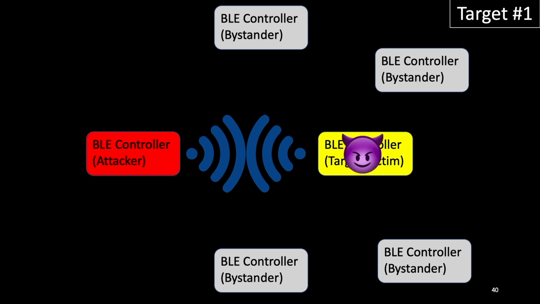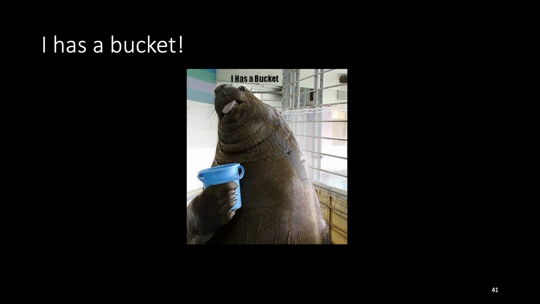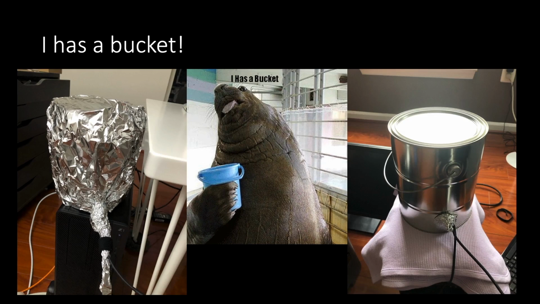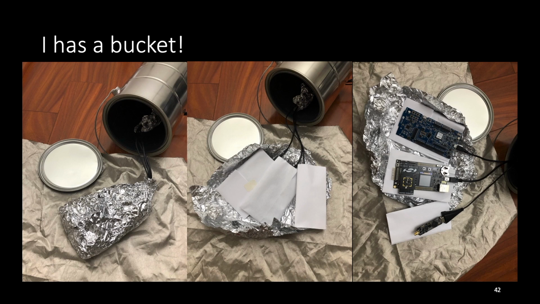So my solution is, I had a paint bucket. I made a Faraday cage out of this paint bucket. And here, in order to reduce the background BLE noise, this is the RF shielding fabric. And I wrap these devices using tinfoil.